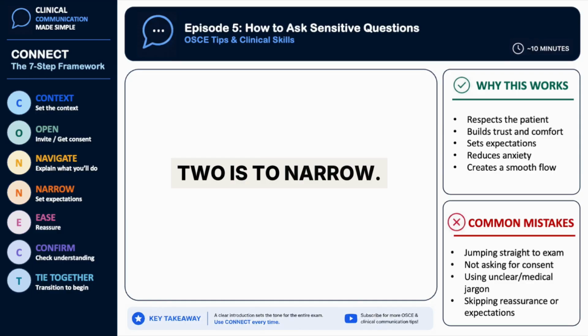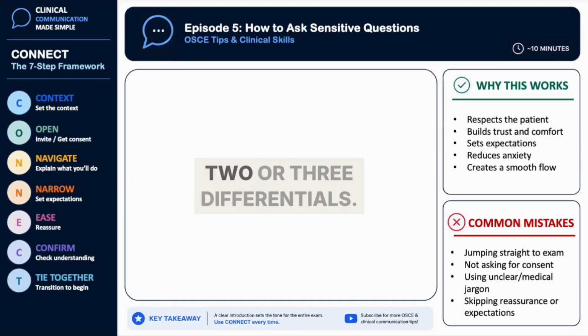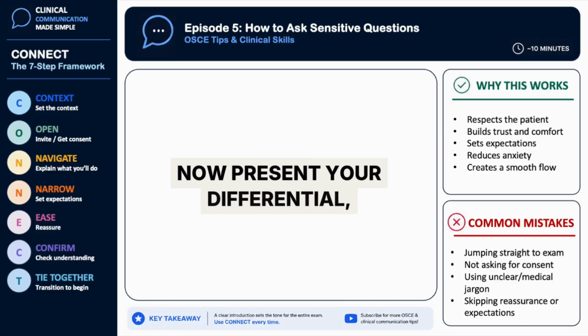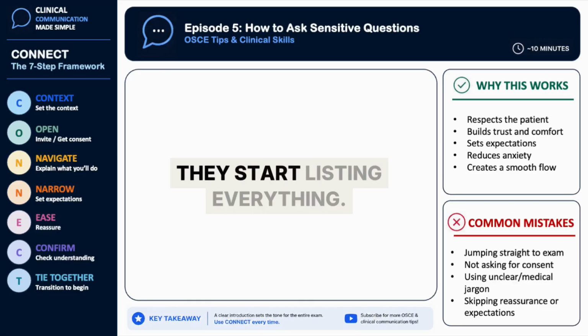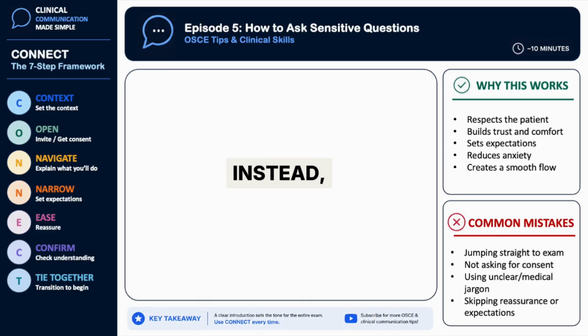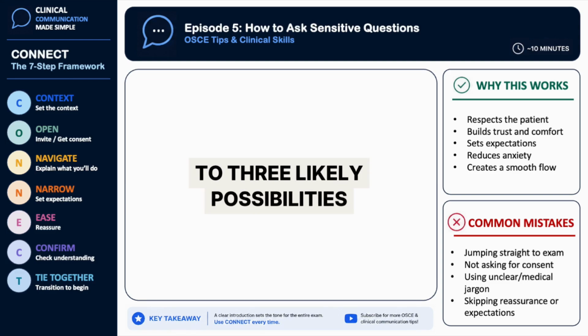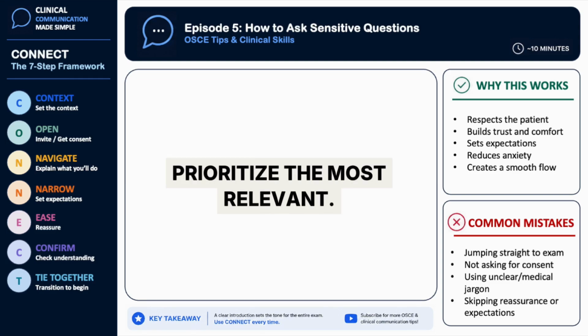Step 2 is to narrow. This is where you're going to give your likely top 2 or 3 differentials. So now present your differential, but keep it focused. This is where many students go wrong and they start listing everything. Instead, you want to give 2 to 3 likely possibilities and prioritize the most relevant.